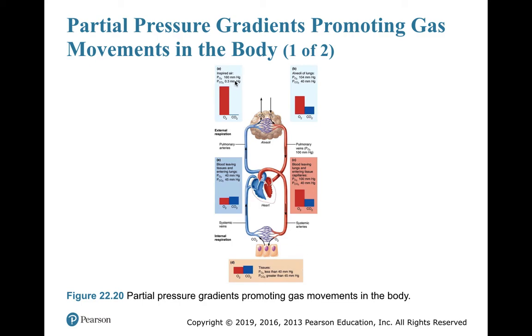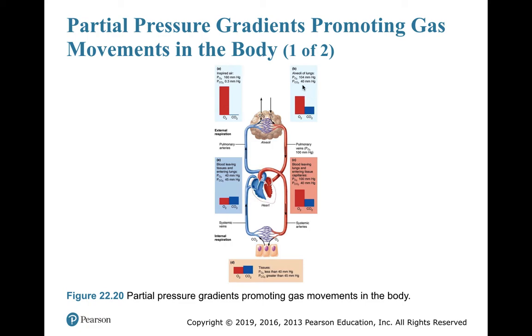So in the alveoli, our inspired air has a partial pressure of 160 millimeters of mercury for oxygen, 0.3 millimeters of mercury for carbon dioxide. In the blood, we have 40 millimeters for oxygen, 45 millimeters for carbon dioxide.